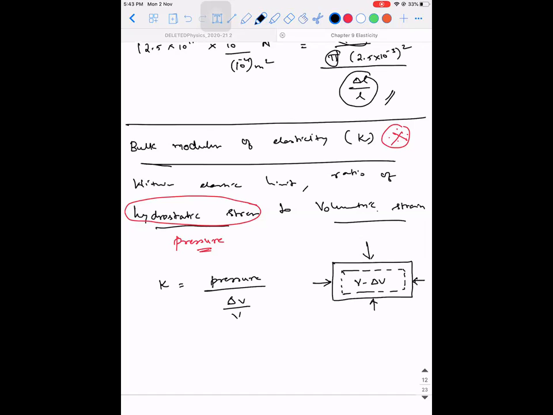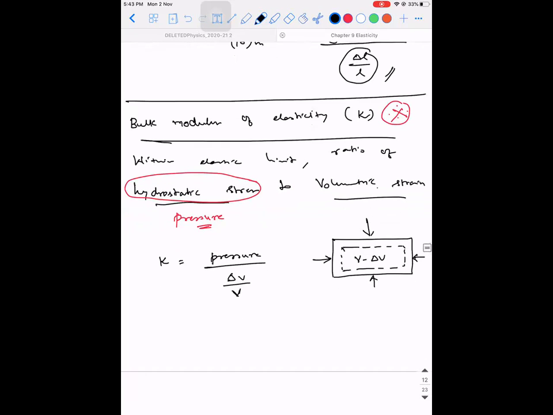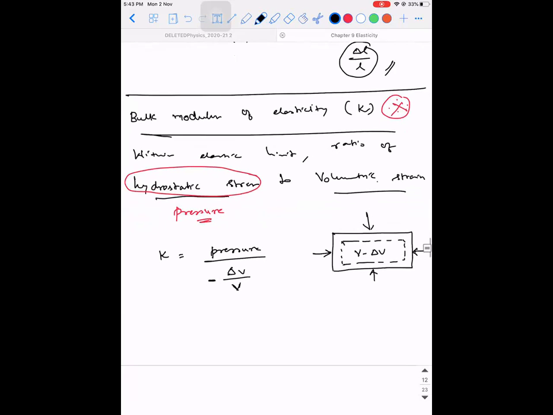Okay. So pressure divided by delta V by V. I'm using a negative sign here. Why am I using a negative sign? Because delta V is negative. Volume has decreased. So this kappa is equal to pressure divided by minus delta V by V, which is the mathematical formula for bulk modulus of elasticity.